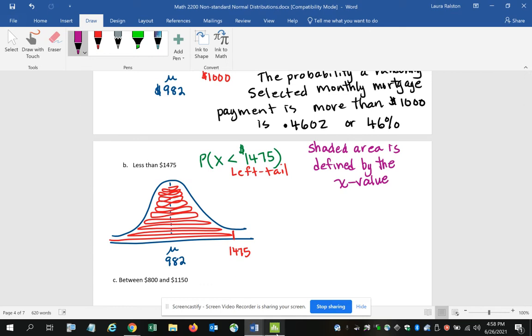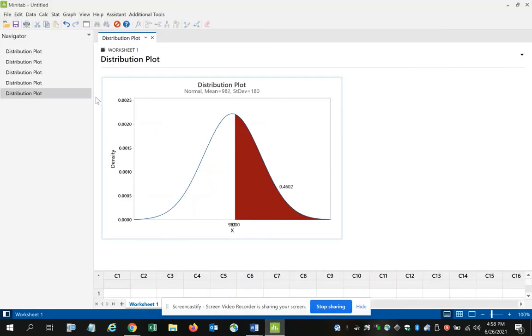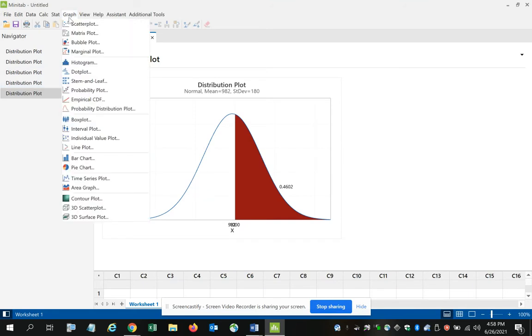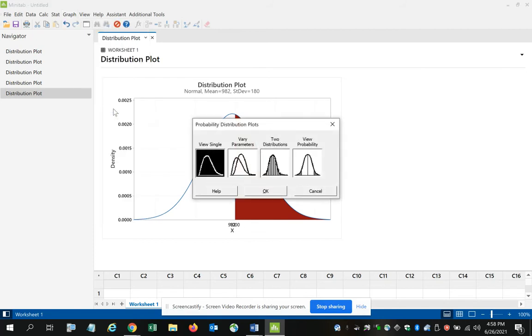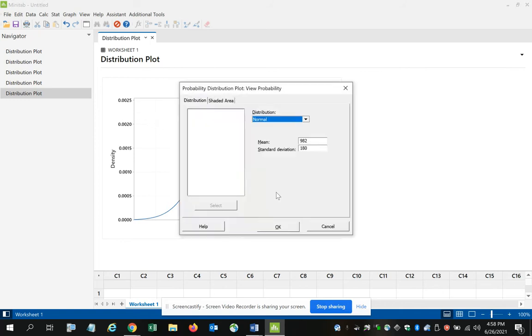So then I go out to Minitab. Top menu bar, graph, probability distribution plot, arrow to the right, view probability. It is a normal distribution. The mean is 982.